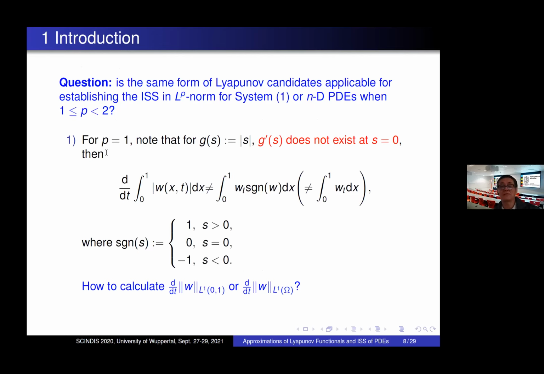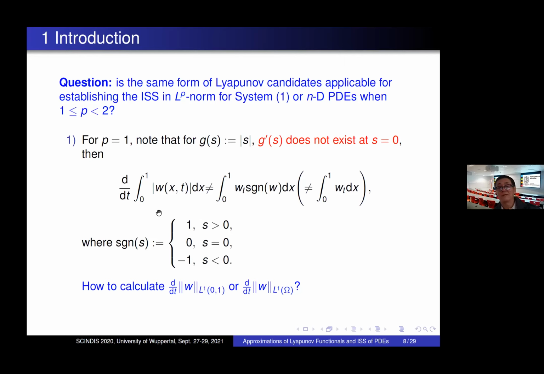The first case is where P equals 1. But you know that the absolute value function is not differentiable at the origin.